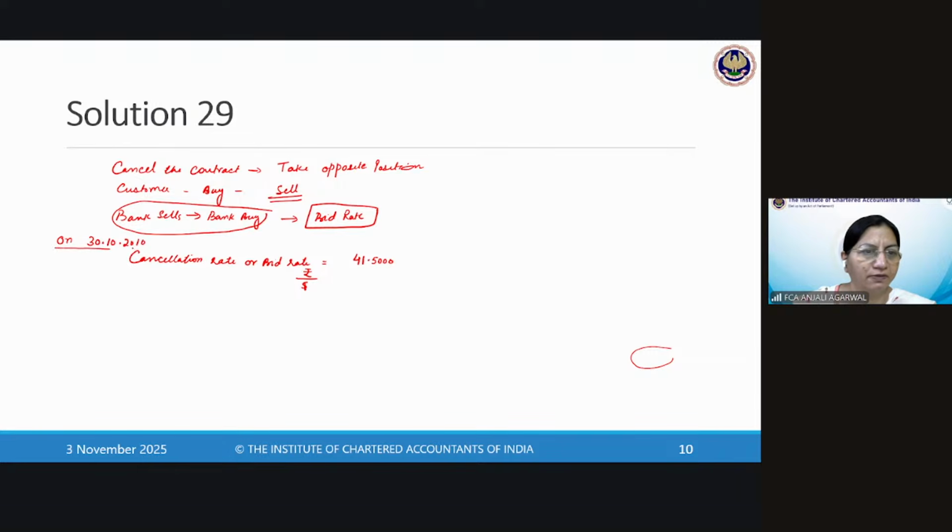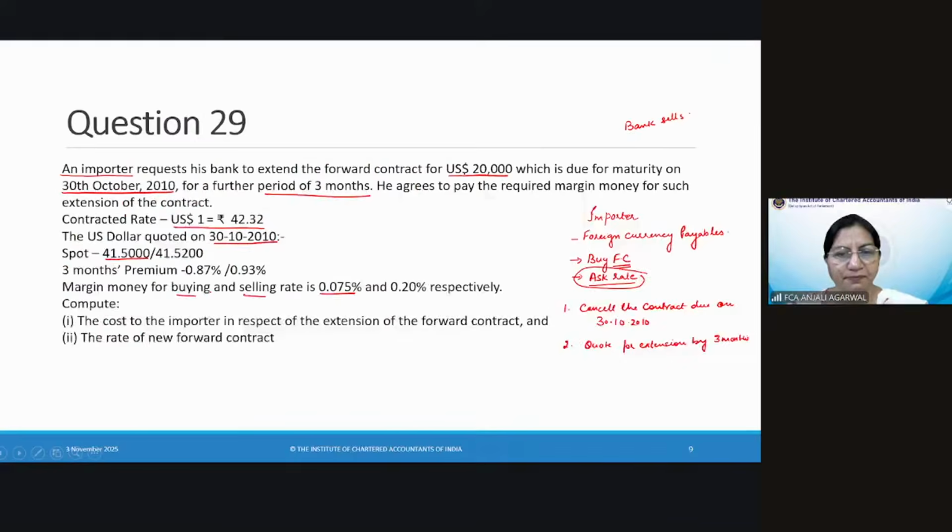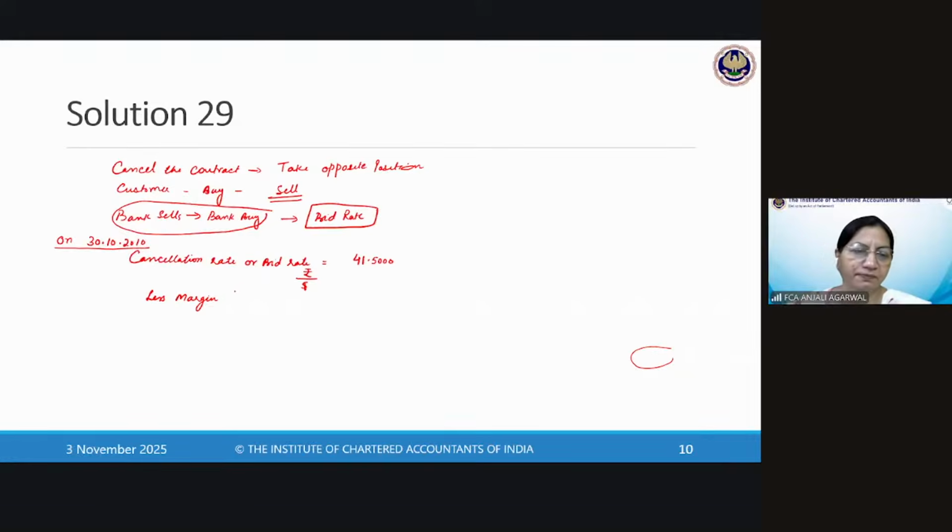On 30th October 2010, cancellation rate or bid rate is 41.500 less margin at the rate of 0.075%.